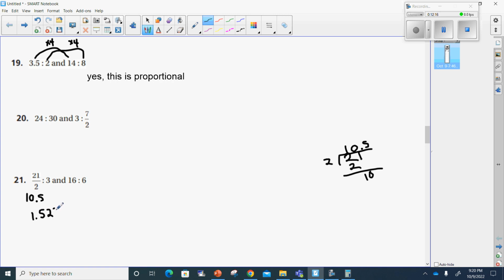Definitely an irrational number, right? And what did I multiply 3 by to get to 6? Well, that was just times 2. These definitely are not proportional. No, not proportional.